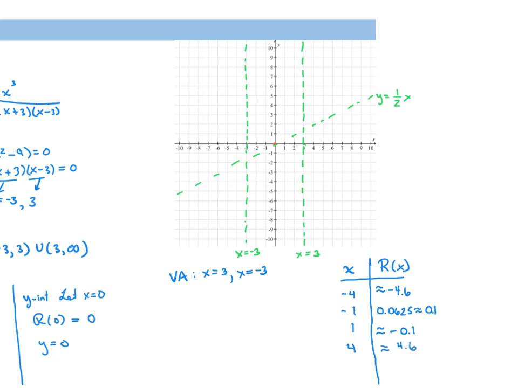So let's plot these points on our graph. Negative 4, negative 4.6, negative 1, about 0.1, and then 1, about negative 0.1, and then 4 is going to be at 4.6.